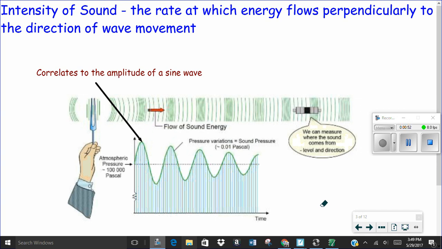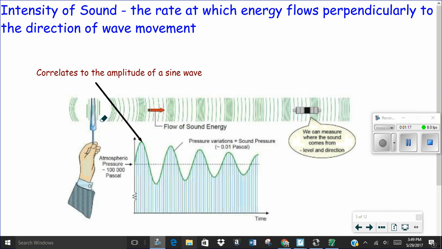Well, sound, remember, is emitted in longitudinal waves that leave the sound source also in a spherical manner. And the wavefronts, as they get further and further away from the sound source, end up looking more and more like plane waves, where they go from being curved to being almost straight.